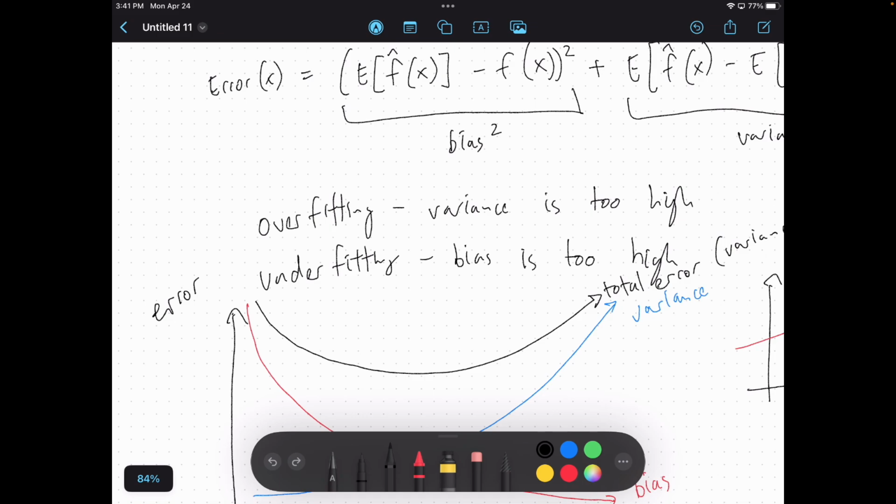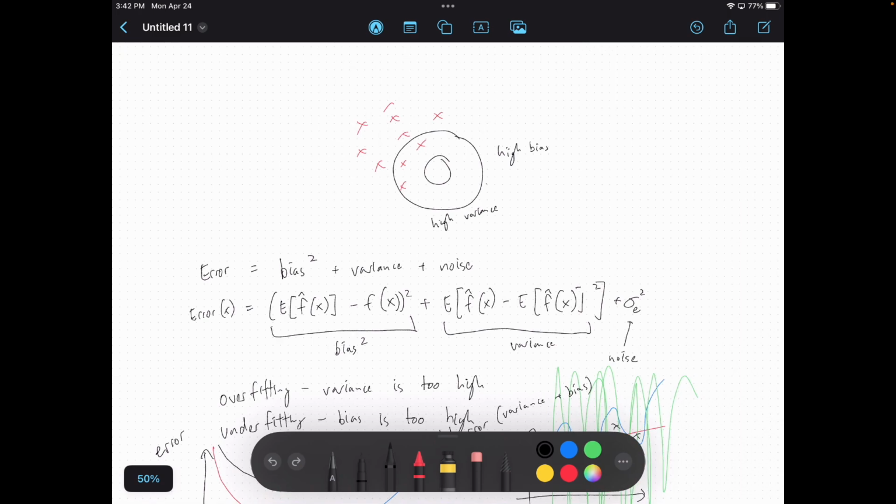The generalizability of models that are overfit is poor, and for models that are underfit, the validity of the model is low, or accuracy. Yeah, that's another term for these things.